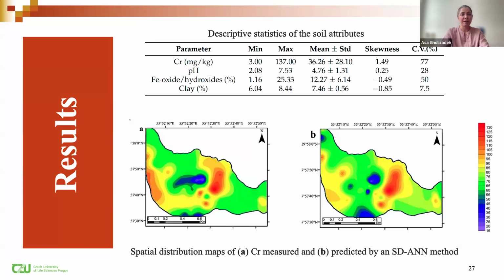However, there were slight differences in the chromium intensity of very high and low risk areas. Highly polluted areas are located in the central and western part of the waste dump, which needs remediation plans for sure. In contrast, very low concentration of chromium was detected in the north part of the study area. Both could be observed in both maps, measured and predicted.